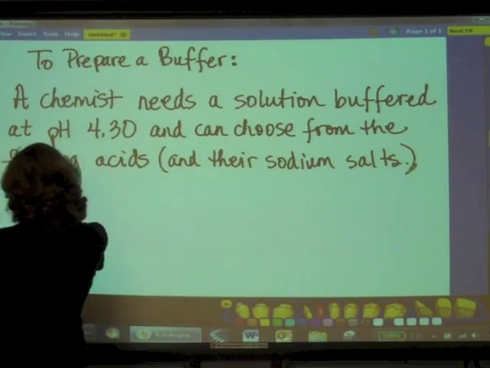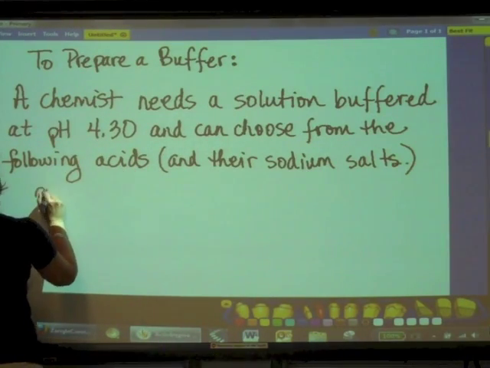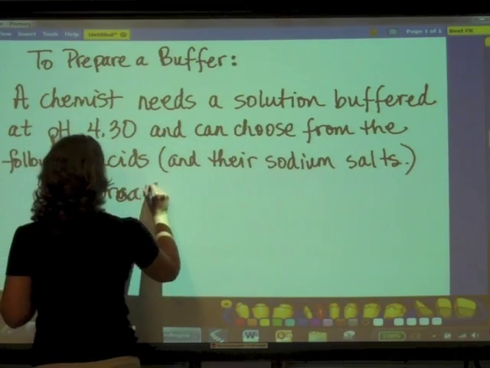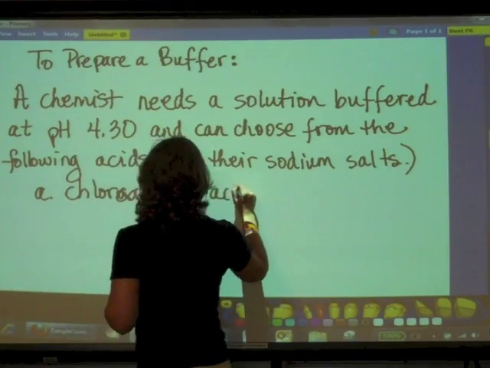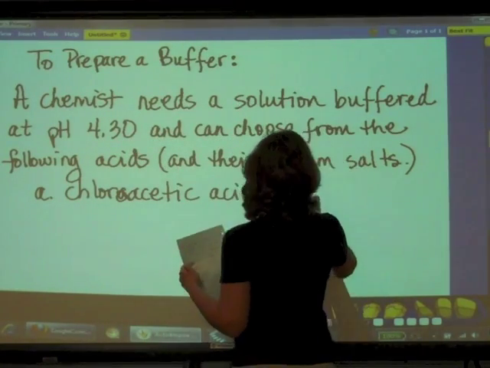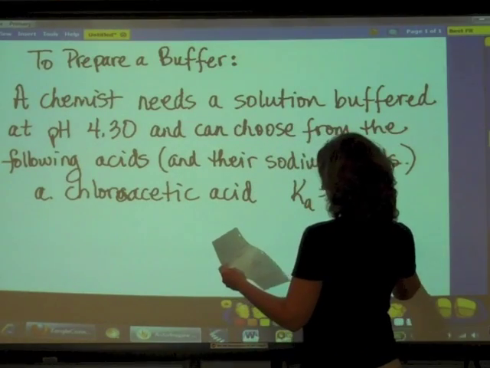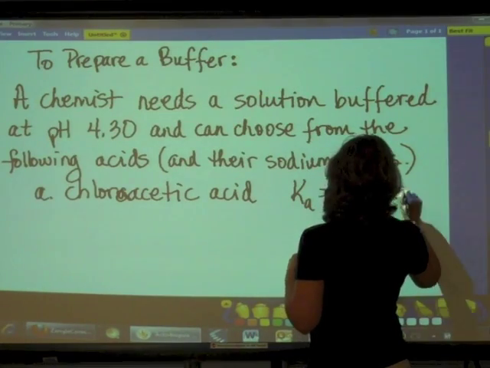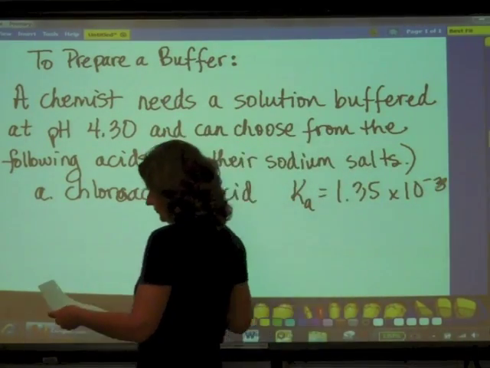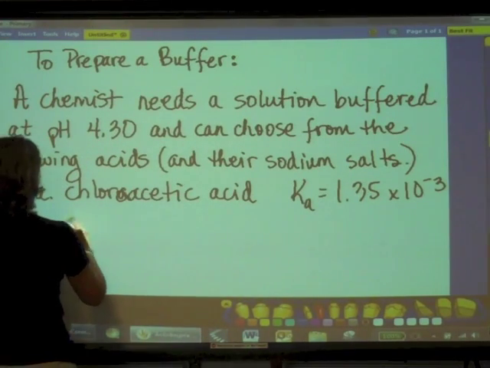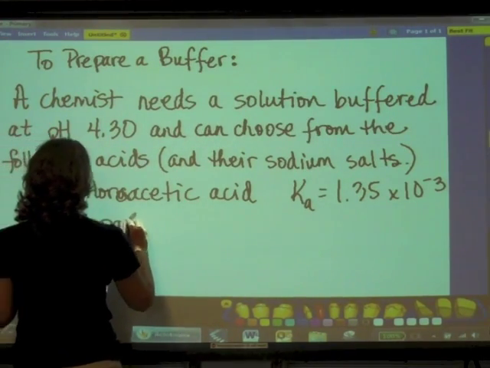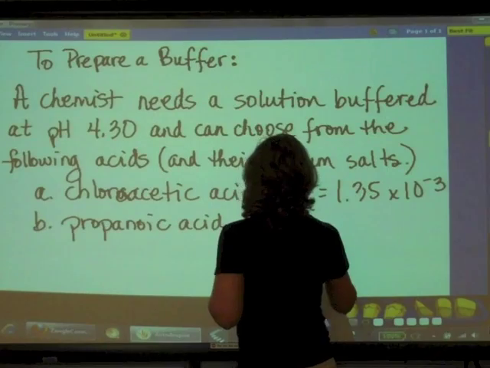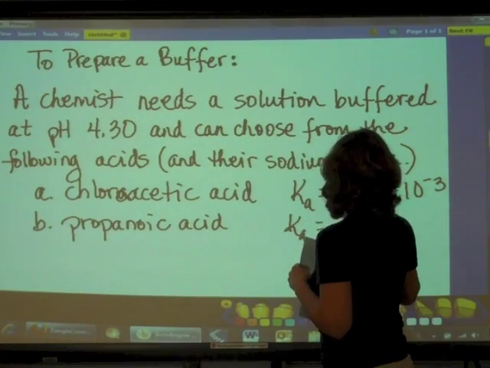Okay, so they could use letter A, chloroacetic acid, and it has a Ka of 1.35 times 10 to the minus third. Propanoic acid, and it has a Ka of 1.3 times 10 to the minus 5th.